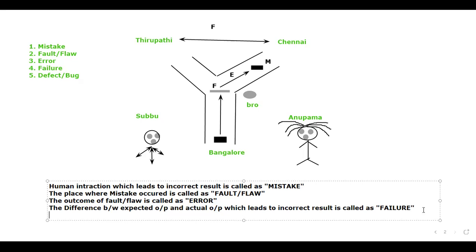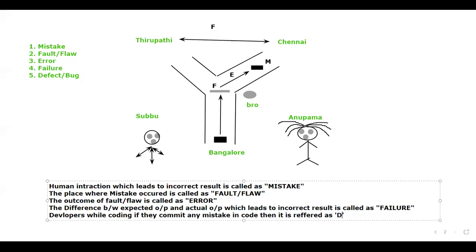It is pretty simple. Developers, while coding, if they commit any mistake in code, then it is referred as defect.